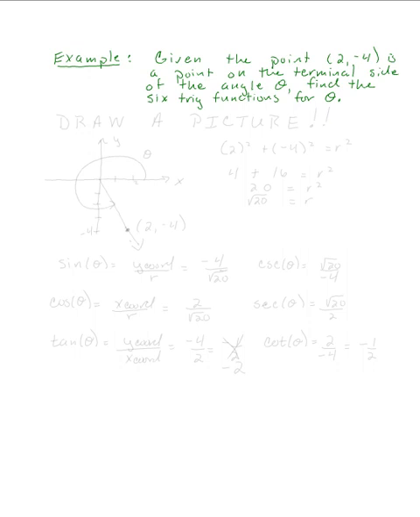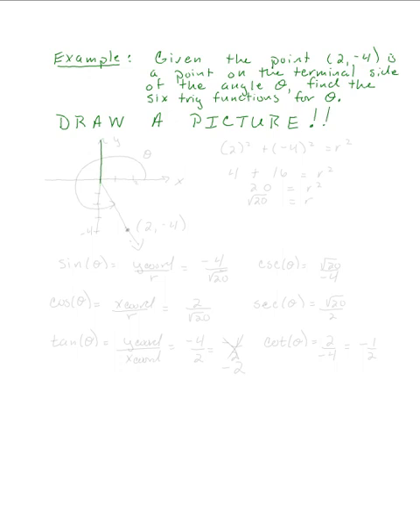Okay, if you notice, we never know what theta is. They're just telling us we have some angle theta, and we're given a point on the terminal side. My best advice here, and I'm going to say it in big letters: draw a picture. Really.